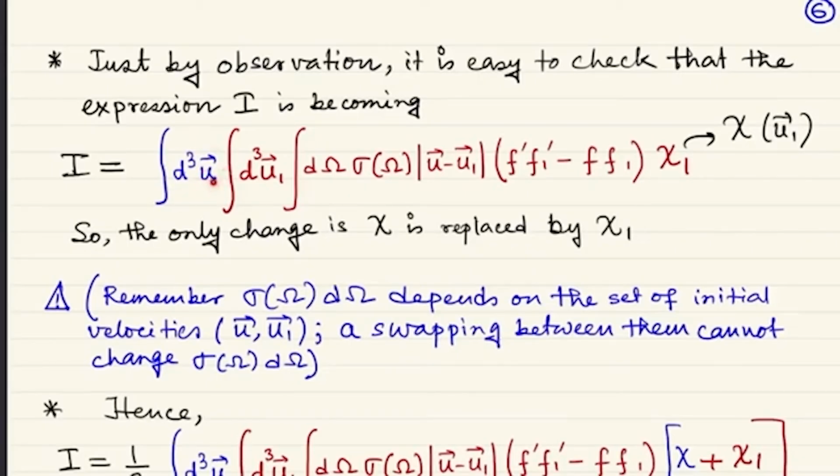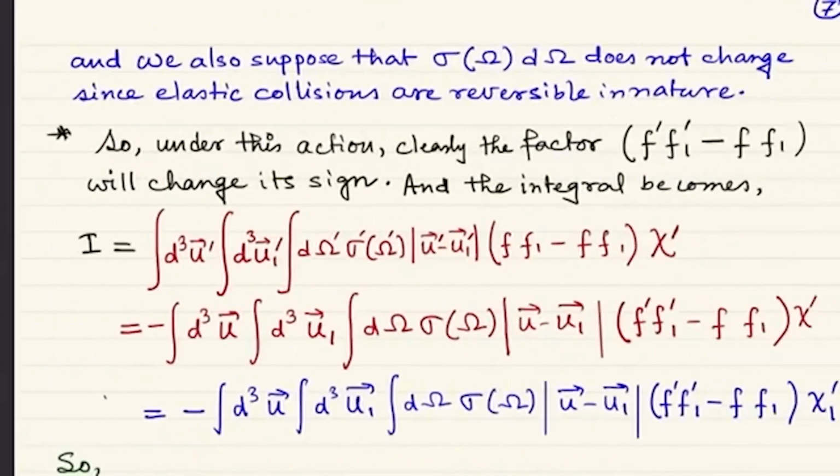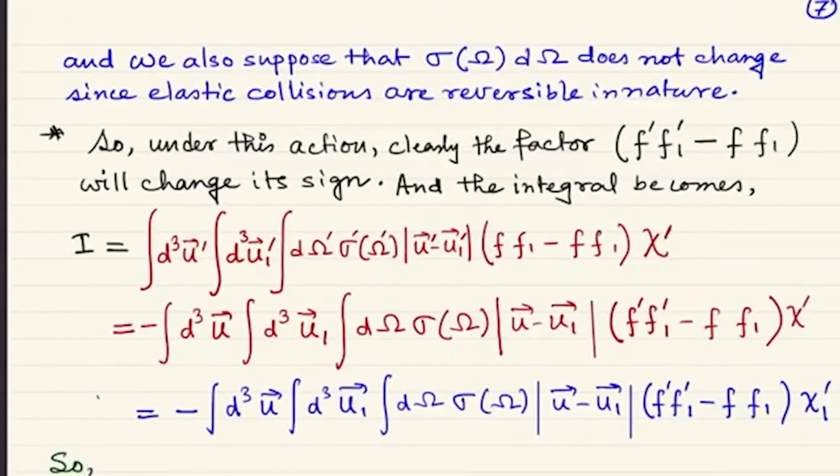Then this will be u to u prime, u1 to u1 prime, that will be sigma prime, that will be omega prime, and that will be u prime minus u1 prime, and this one will be f1 minus f prime f1 prime, and this one will be chi prime, and that's what I have written over here.